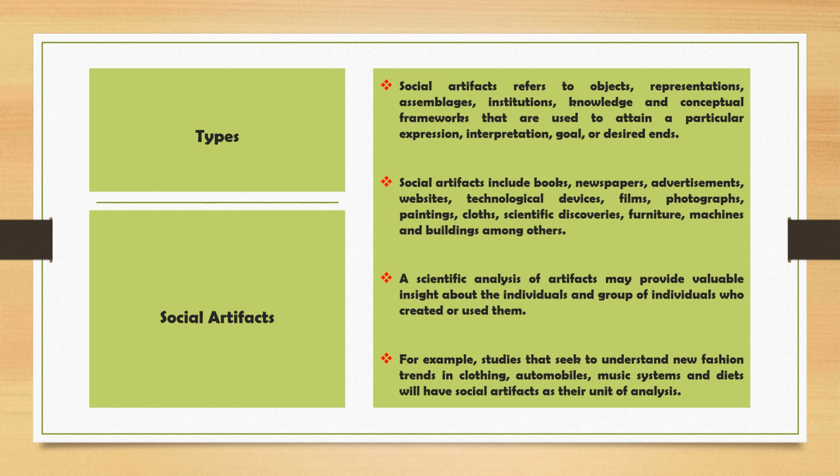It is understood generally that scientific analysis of artifacts may provide valuable insights about the individuals and groups of individuals who created or used them. For example, studies that seek to understand new fashion trends in clothing, in automobiles, in music systems, and even diets will have social artifacts as a unit of analysis.